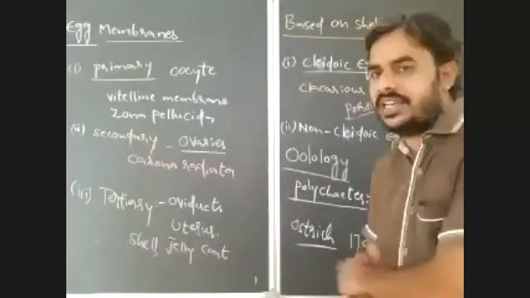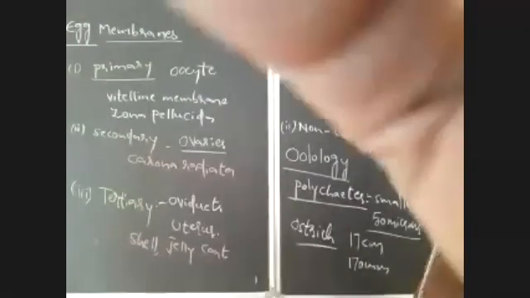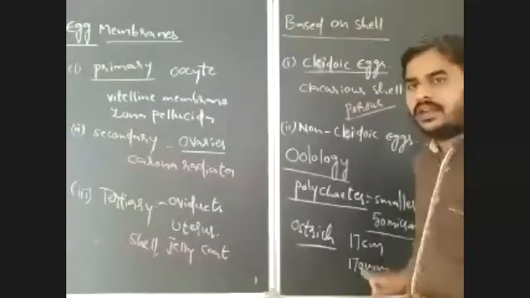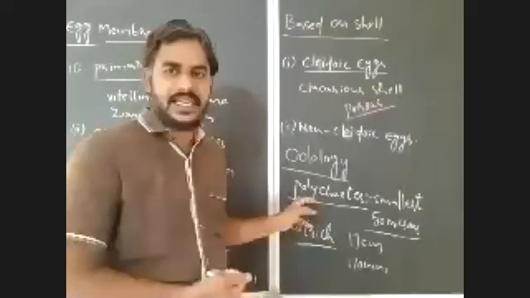Is it clear? The egg of ostrich is about 17 centimeters. The smallest is 50 microns, and the largest is 17 centimeters or 170 millimeters.